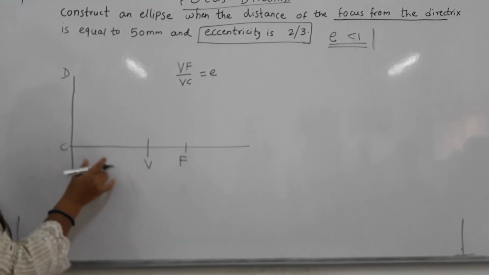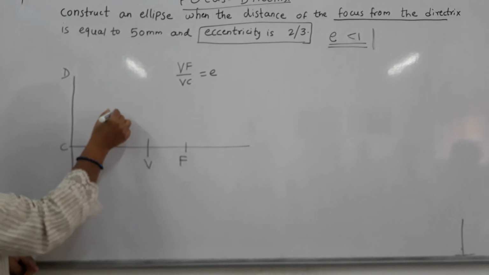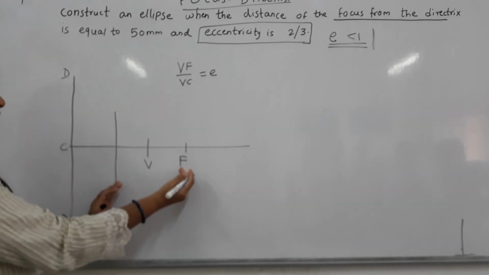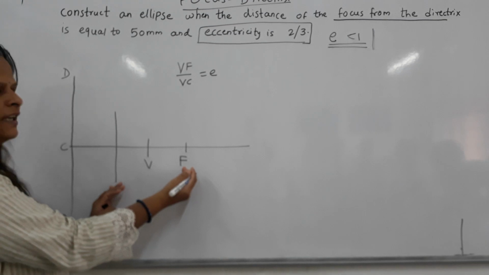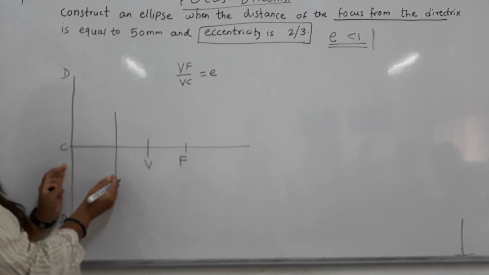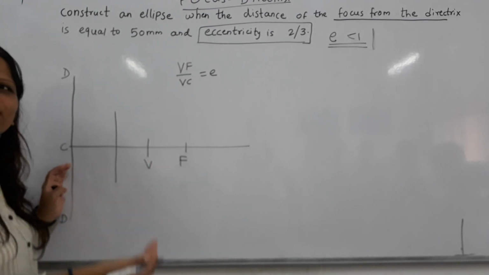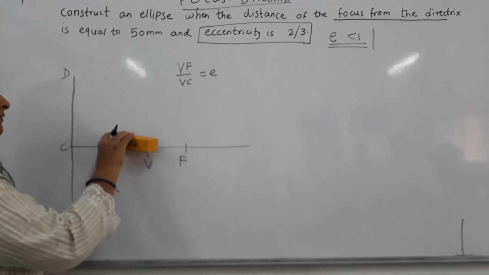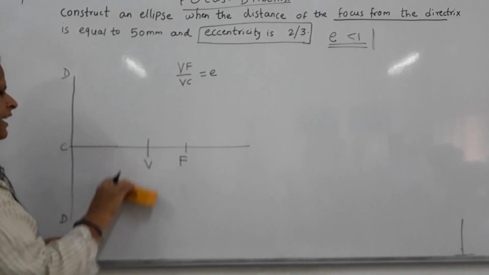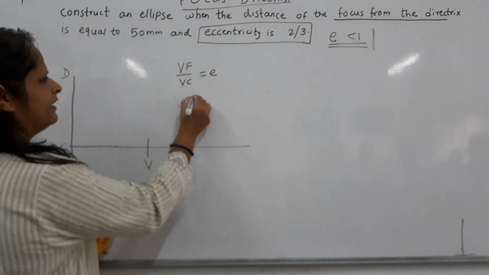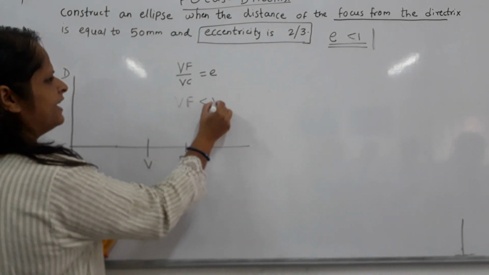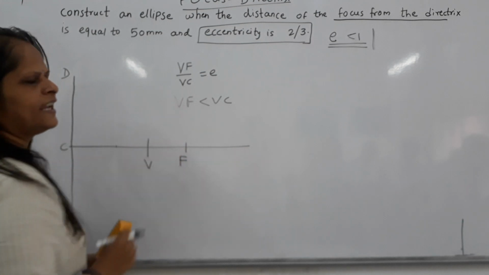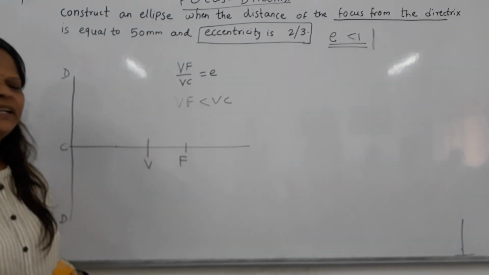And what if V is drawn here? If distance VF is more and VC is less, then the curve will certainly be a hyperbola. So today we will draw the condition where VF distance is less than VC. So it is a case of ellipse, right?